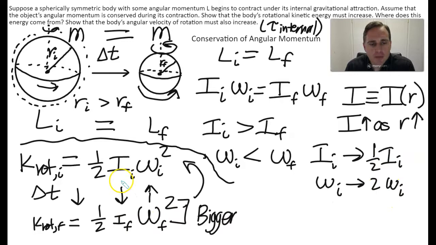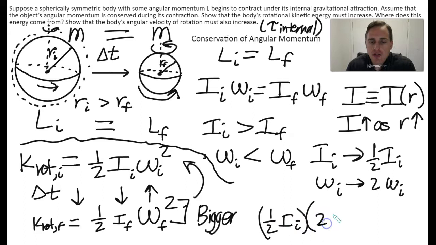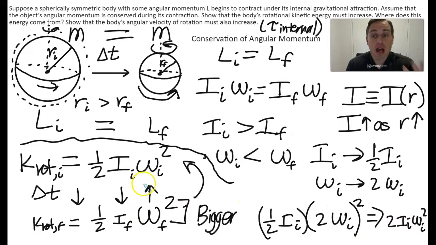But notice, if I multiply this by 1/2, and then I have a factor of 2 squared, that's a factor of 1/2 of the I initial times a factor of 2 of the omega initial, but I square that, I get, when I work this out, 2 times I initial omega initial squared. Notice that the kinetic energy is now double.